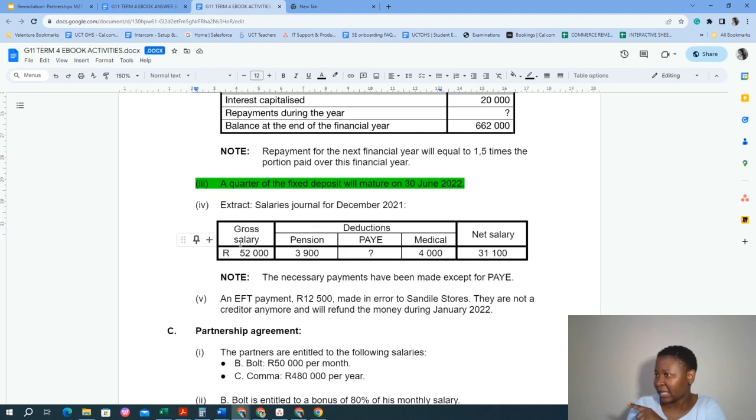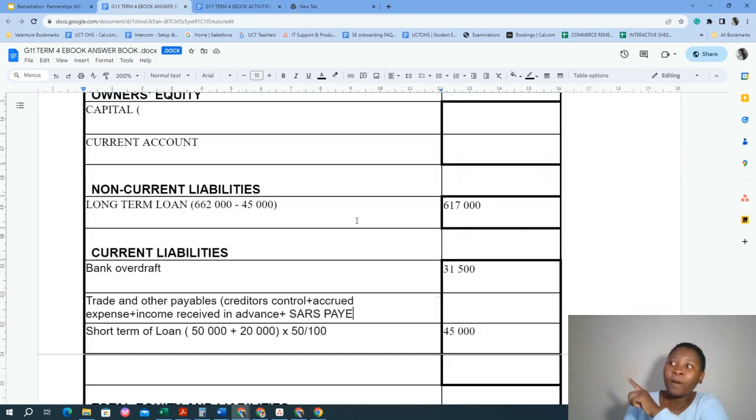I can simply minus, like 52,000 minus the pension minus the medical aid, and see if I'm getting that net salary, which means that if I'm not getting that 31,100, then it means what? I can then take that balance and minus the 31,100. That difference will be my pay as you earn, which means that I'll have to put it here. You get it?